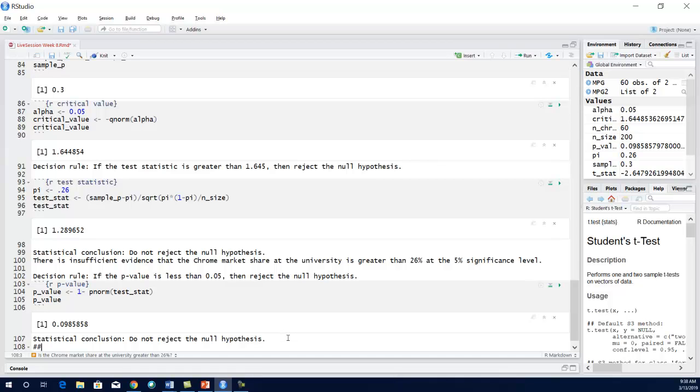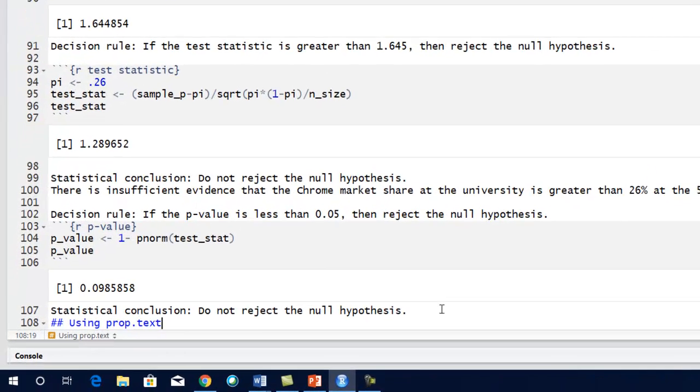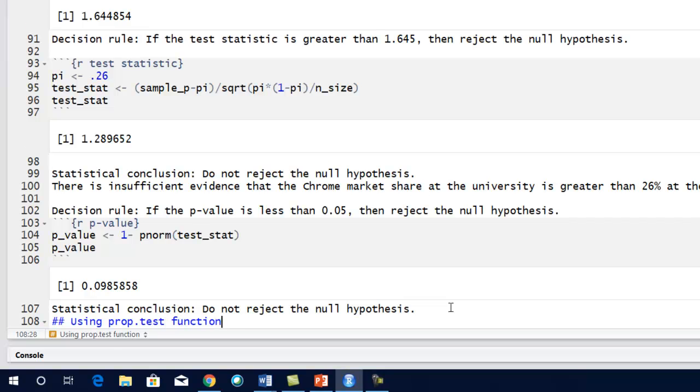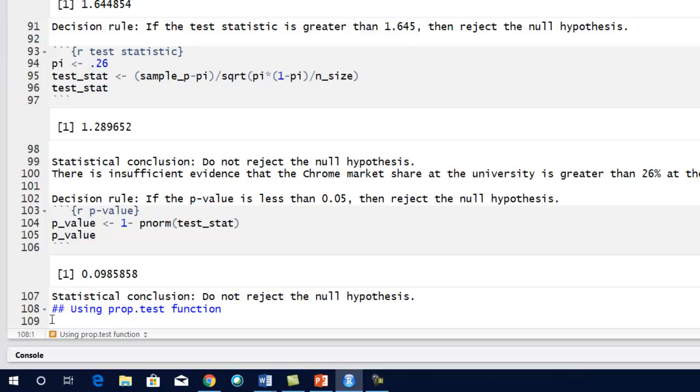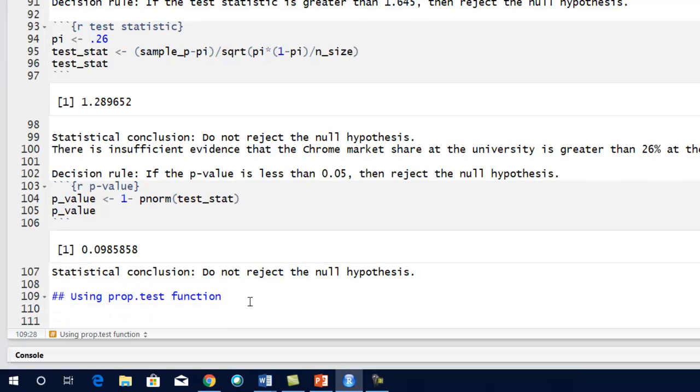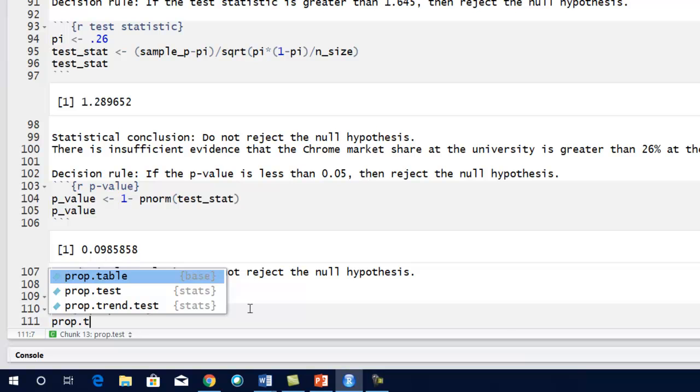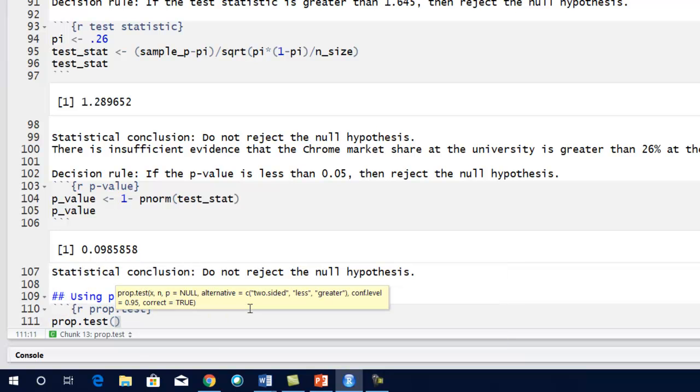Now let's say we want to use the prop.test function in R. The way we write this function, let's make some room for it. The function is prop.test.